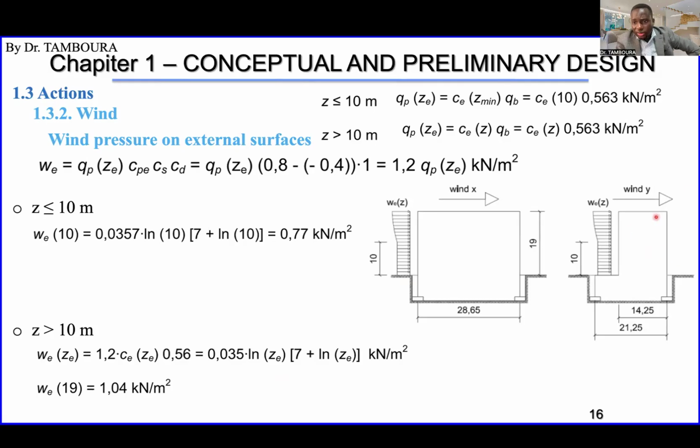So from 10 meter, it increases like this. This one is 1.04, and this one down here is 0.77. One is wind in the X direction, the other wind in the Y direction.